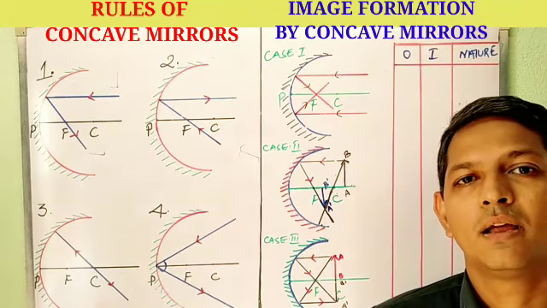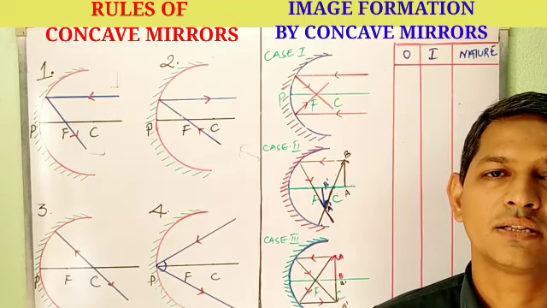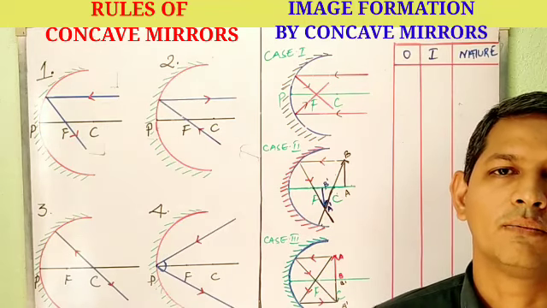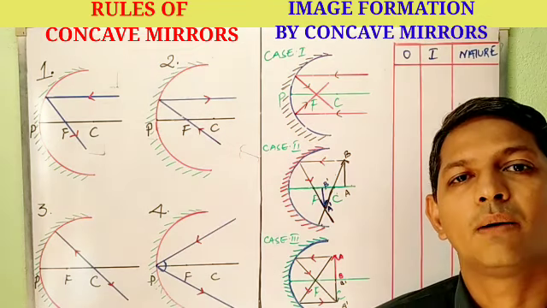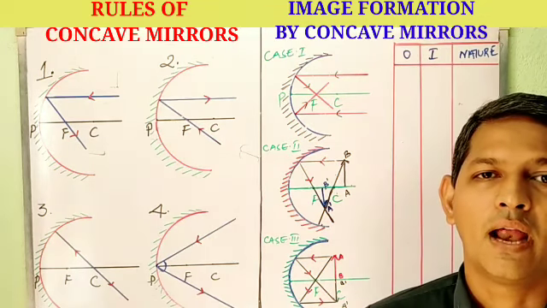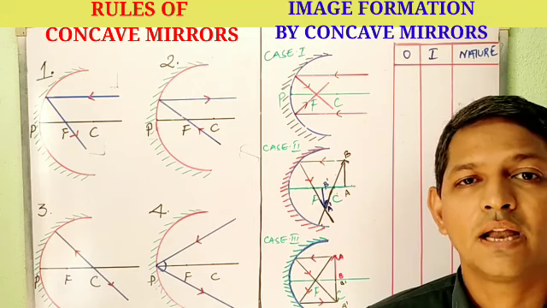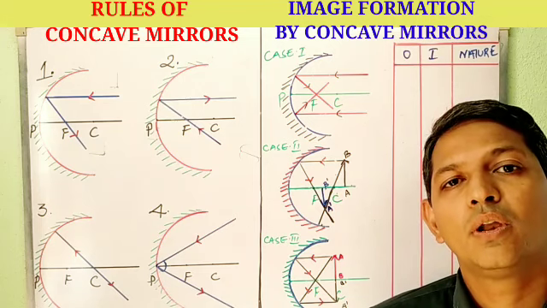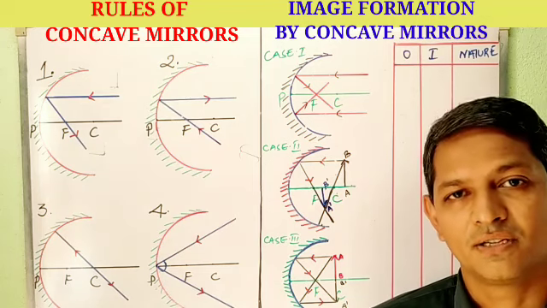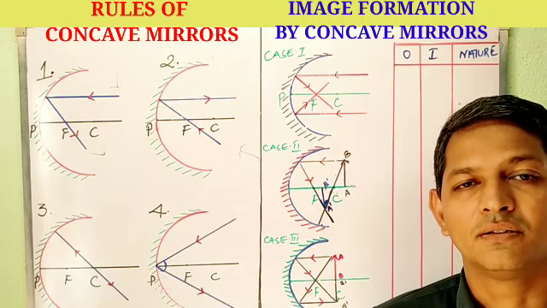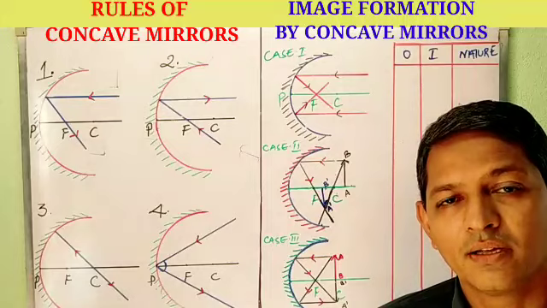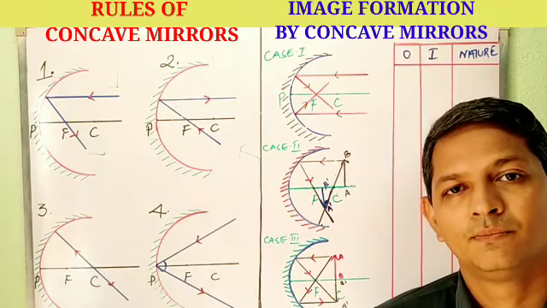If we consider a point source, infinite rays will come from it. But if you consider that only two rays are coming from a source, and you understand how the two rays behave after reflection, that means where they meet after reflection, and you draw a diagram for it, that is called a ray diagram.